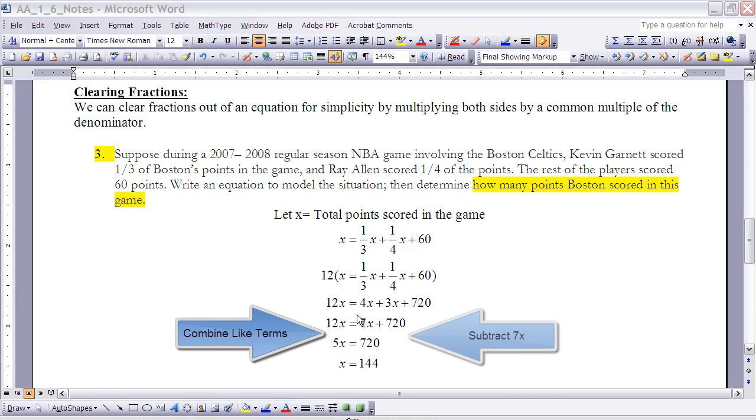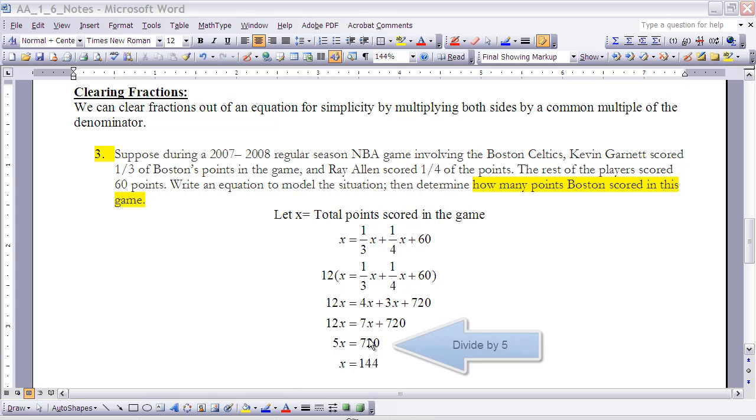So 4x and 3x is 7x. I'm going to get my x's together by subtracting 7x from both sides. That's where I'm getting 5x equals 720. Now if I want to get x by itself, I need to divide both sides by 5, which is going to give me x is equal to 144. Therefore, in that game, they scored 144 points.